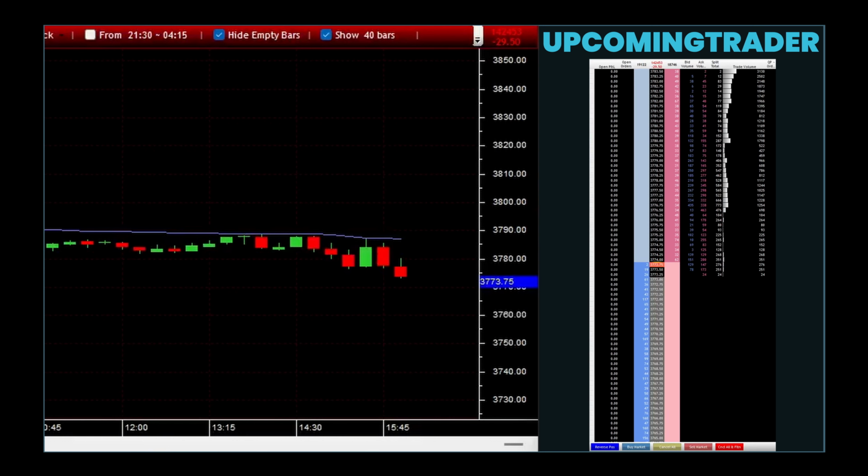The shooting star is a bearish reversal candlestick pattern that typically appears at the top of an uptrend. Imagine looking at a candlestick chart where most candles are green, indicating prices are going up. Then you notice a peculiar formation, a candle with a small lower body, a long upper shadow, and little to no lower shadow.